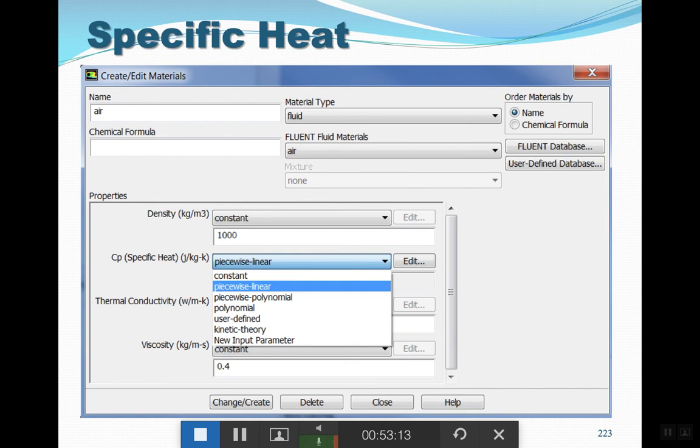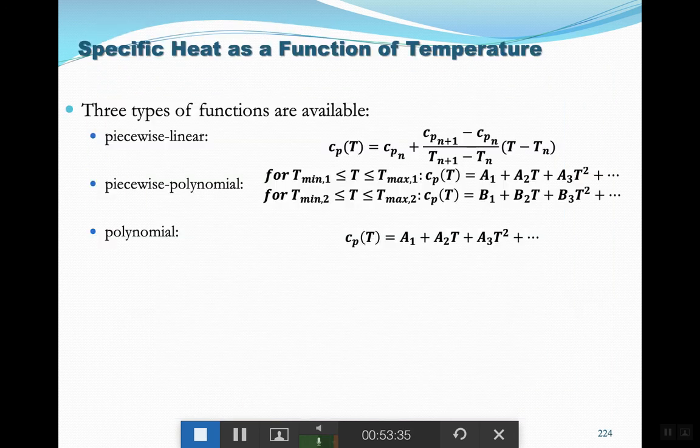So moving on from density, the next parameter is specific heat. Basically the specific heat, or CP, could be constant, as you can see here, and it could be a function of temperature, and again it could be a different function of temperature. It could be piecewise linear, piecewise polynomial, or a polynomial function.